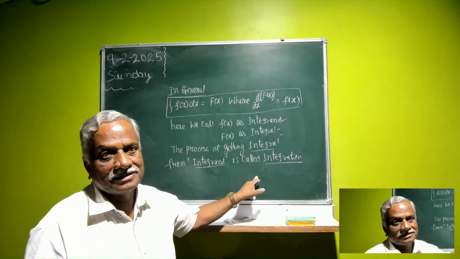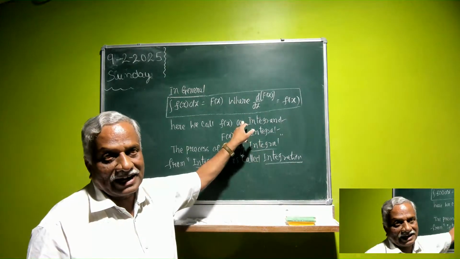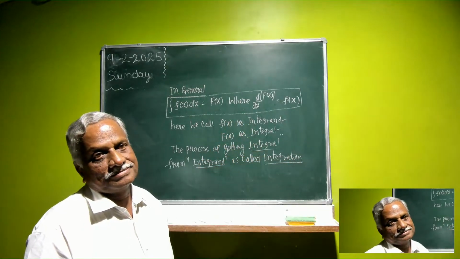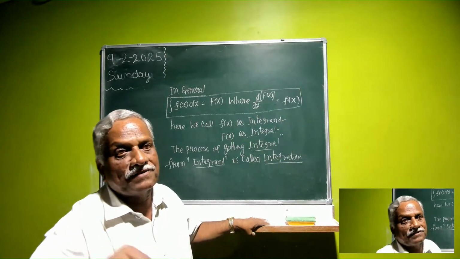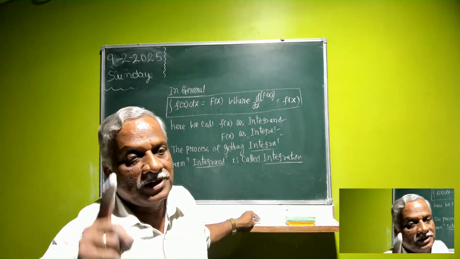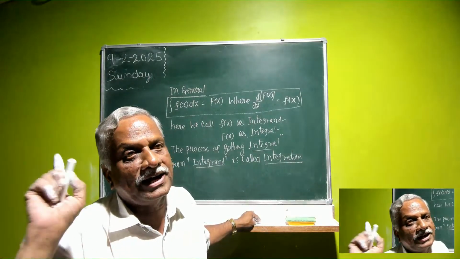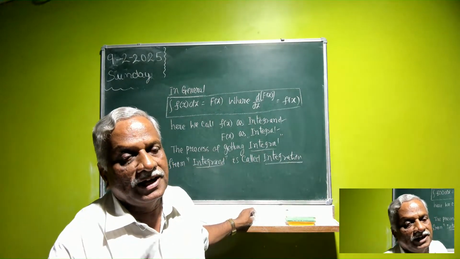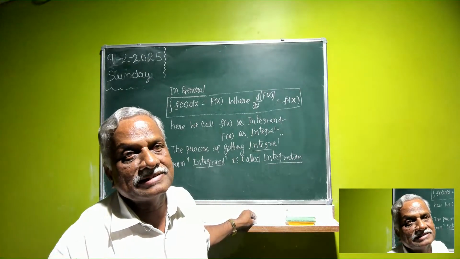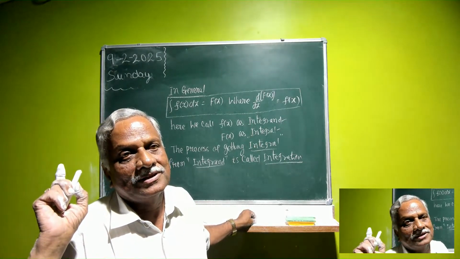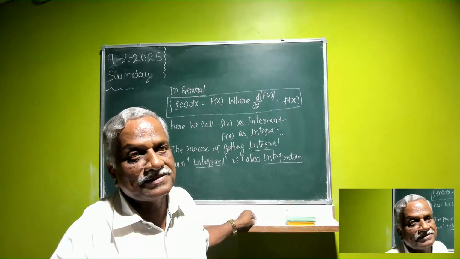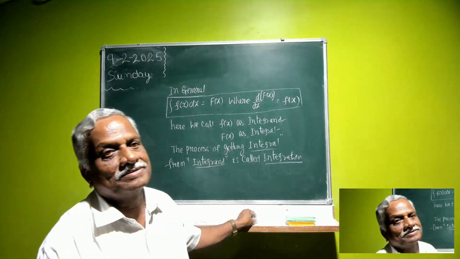In other words, integrand on integration gives integral. Integral on differentiation gives integrand. So integrand is a function to be integrated. Integration is a process. Integral is the answer. The integration of the integrand is integral. The differentiation of the integral is integrand.